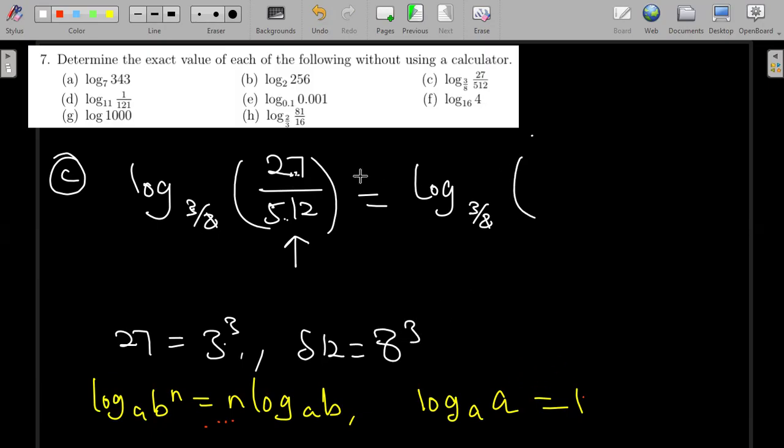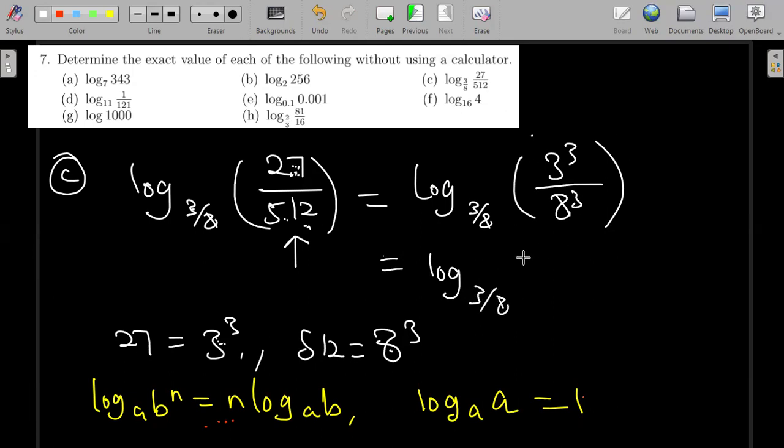So in the brackets, I'm going to have 27. I'll write it in this form, so to be 3 to the power 3 over 512. I'll write it in this form, so to be 8 to the power 3 like this. And then I see that I have a common power there. So I can factorize it outside the brackets. So inside I only have 3 over 8 to the power 3.